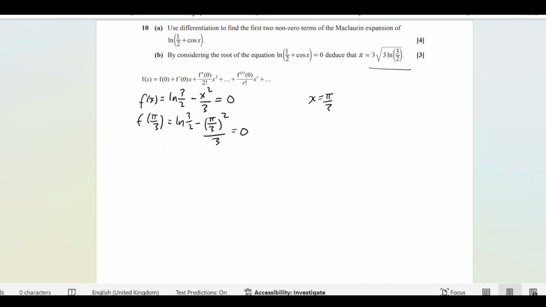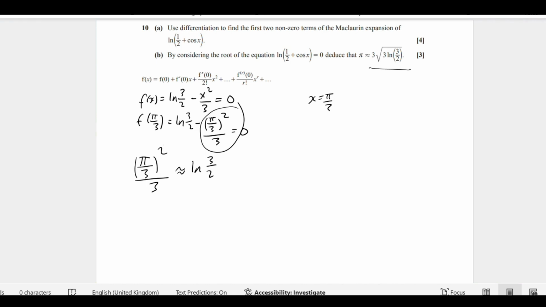But for now, I'll just stick with the equals. What we have to do is rearrange this so that we get pi as the subject on one side. This is pretty easy stuff. We take this term over to the other side, so we get pi over 3 all squared over 3 is approximately, I'm going to start using approximately now, equal to ln 3 over 2.